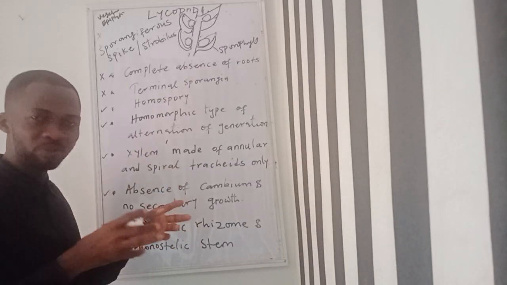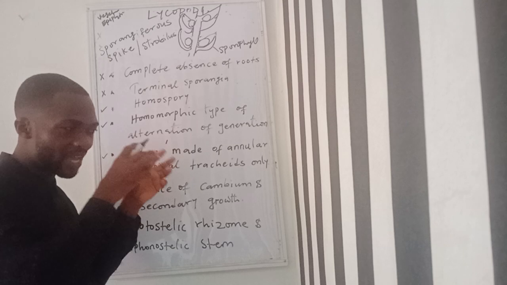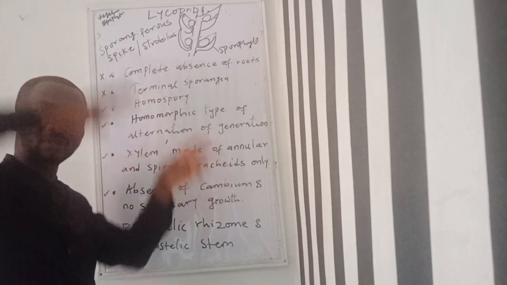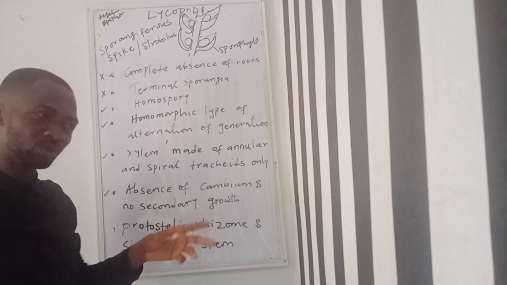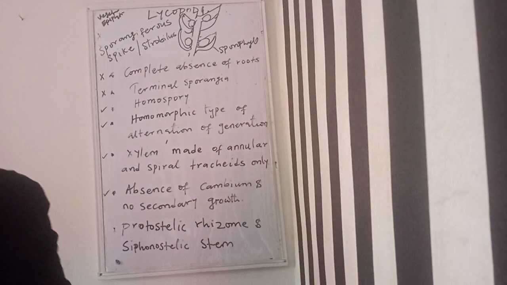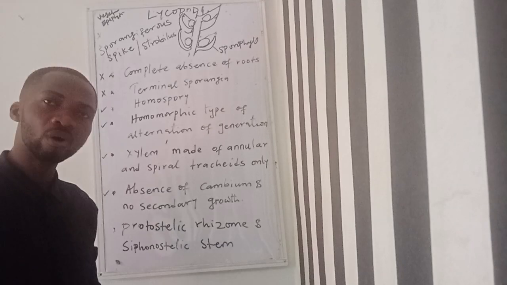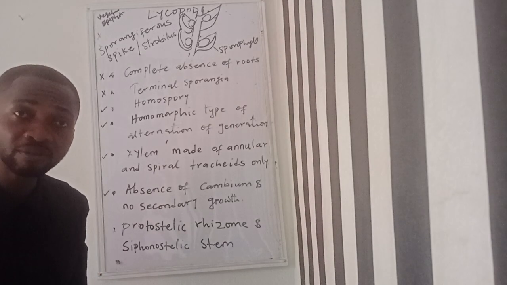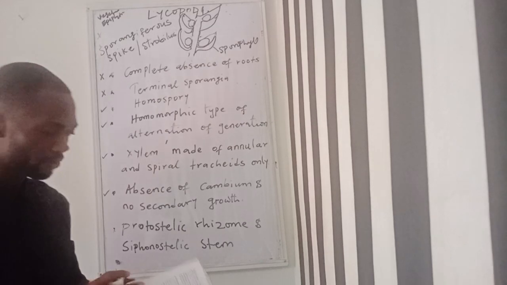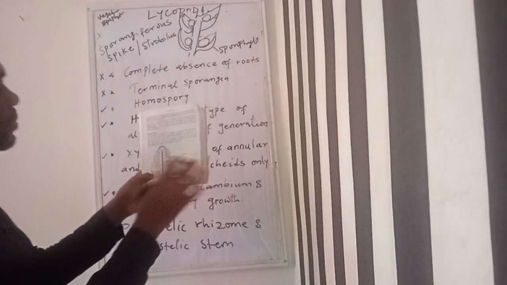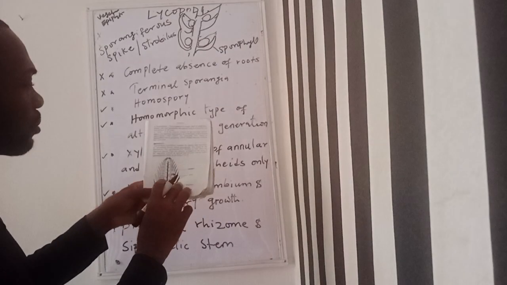So the sporangia are not attached at the apex of the stem only, or in a triangular shape. You can see the difference now. The difference is that there is a presence of a reproductive branch and a reproductive leaf called the sporophyll. You can see this is the case of Lycopodium.